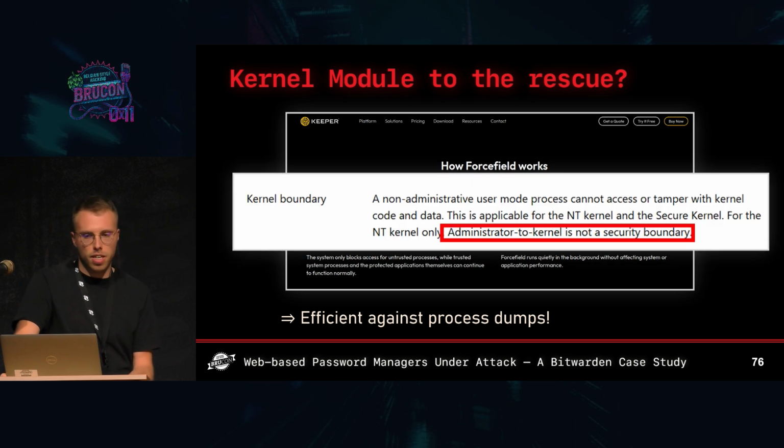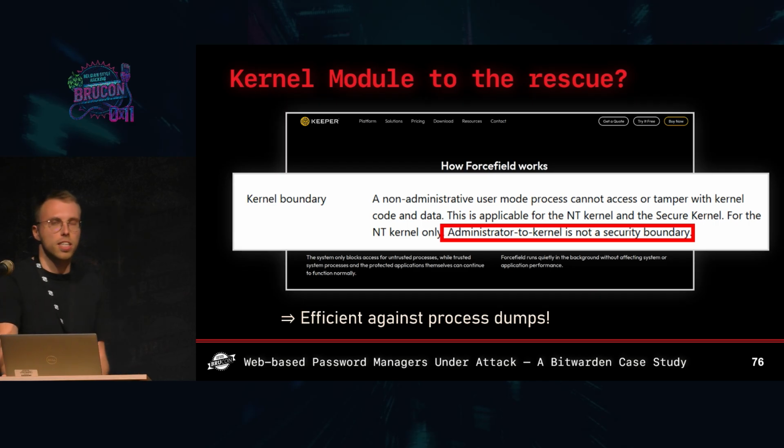However, it's quite an assumption, but it just needs administrator access, for example, through lateral movement. We often get that during engagements, to be able to access the kernel, because according to Microsoft, administrator to kernel is not a security boundary. So it's expected for an administrator to be able to run in kernel.